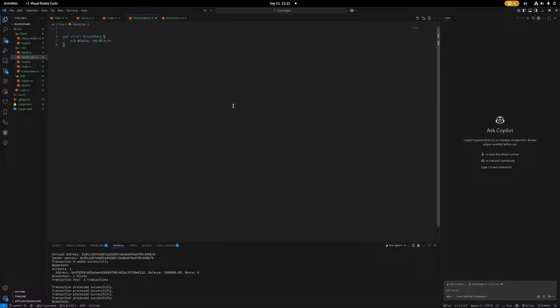Blockchain. Yeah, and I actually think, instead of using a vector for storing blocks, we could go with a heap, I guess.